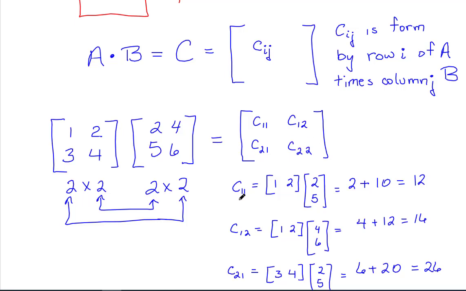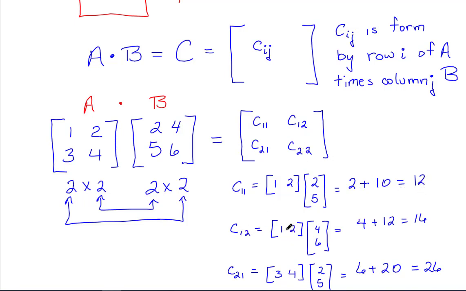To get C11, I take the first row of A, so think of this as A multiplied by B is C. I've got the first row of A times the first column of B. So I simply take 1 times 2 is 2, 2 times 5 is 10, 2 plus 10 is 12.